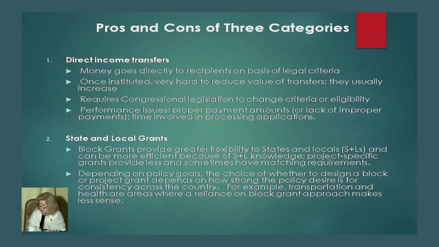That might be for such things as transportation or health care. Your overriding federal goal there is to create some sort of coordination and rationalization and egalitarian approaches to health care, and you would want to achieve that through a federal grant that has very specific kinds of criteria and oversight that you will not get in a block grant.